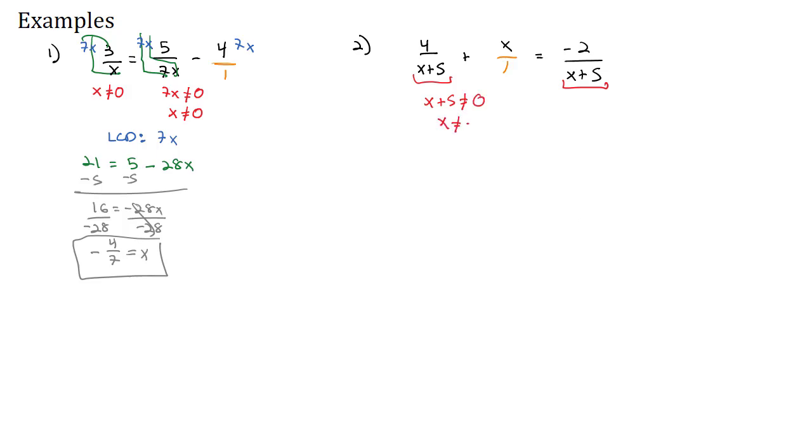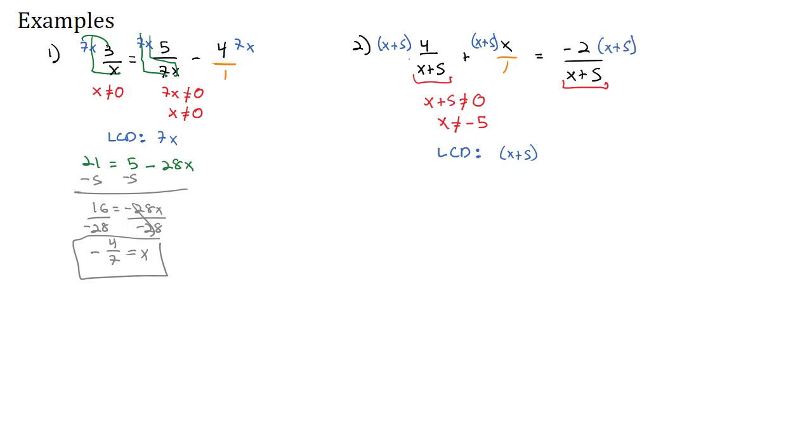Subtract 5 from both sides: x is not allowed to be negative 5. So let's see what happens when we identify our least common denominator. The only denominator I see is x plus 5, technically a 1 times x plus 5, but multiplying by 1 doesn't really change anything. So I'm going to multiply each term on both sides by x plus 5.